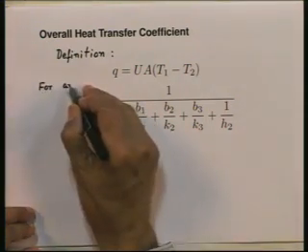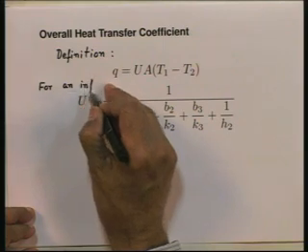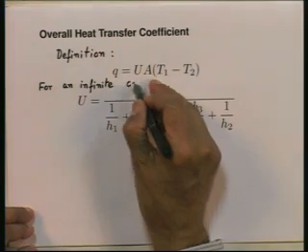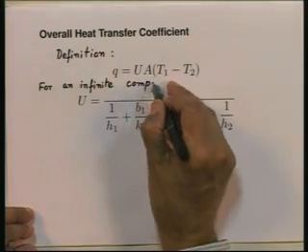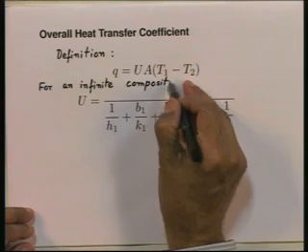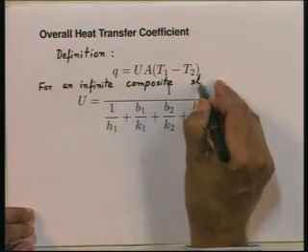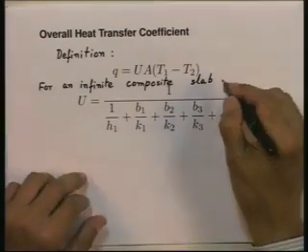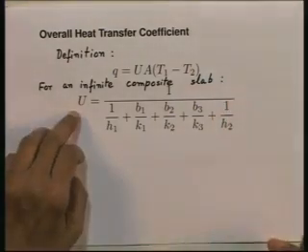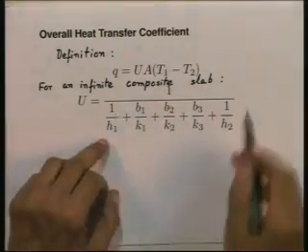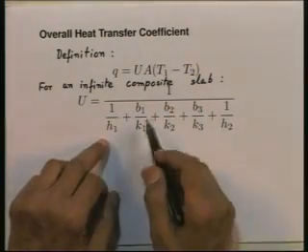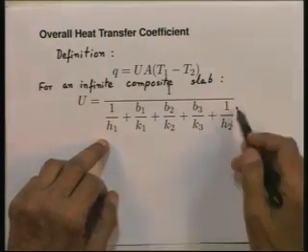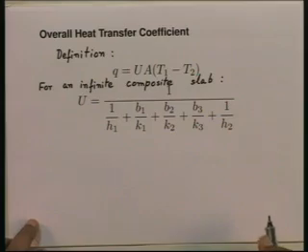for an infinite composite slab the expression for overall heat transfer coefficient will be U is equal to 1 divided by (1 upon H 1 plus B 1 by K 1 plus B 2 by K 2 plus B 3 by K 3 plus 1 upon H 2).